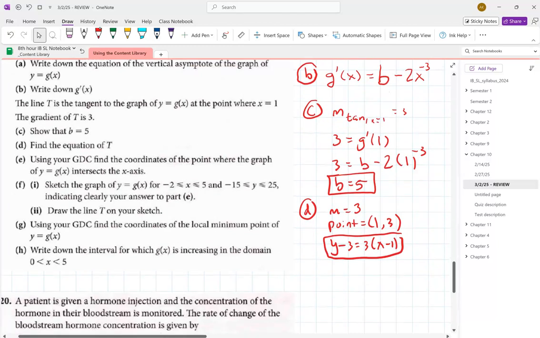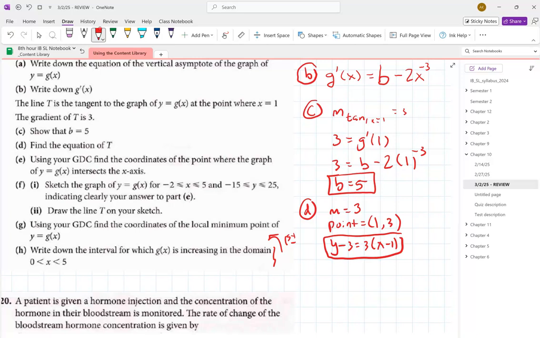Use your GDC to find the coordinates of the local minimum, and then find the intervals in which it is increasing in the domain. Because I have this question, I would do a first derivative test for that one, because I'm going to get the answer to where it's increasing for free by doing the first derivative test instead of a second derivative test. So I'm just going to set the derivative equal to 0.